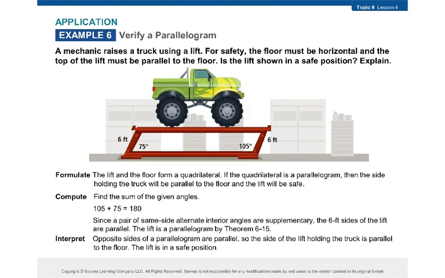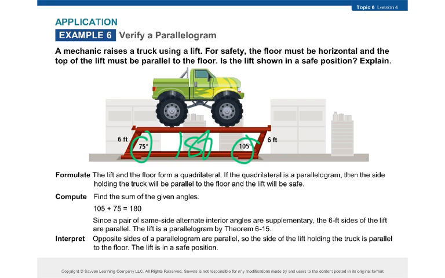And to apply that in a real-life situation, verify a parallelogram. A mechanic raises a truck using a lift. For safety, the floor must be horizontal and the top of the lift must be parallel to the floor. Now, is the lift shown in a safe position? Explain. Based on the diagram, we have two consecutive angles, 75 and 105. Do these two add up to 180 degrees?